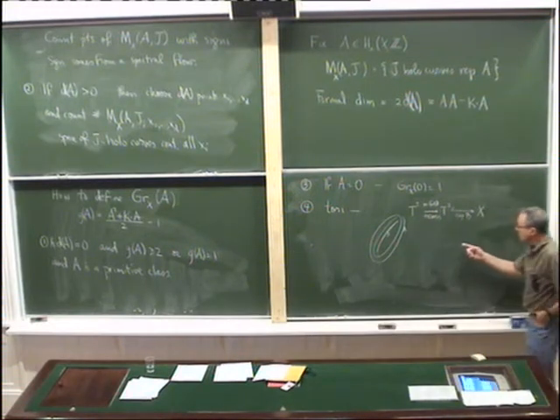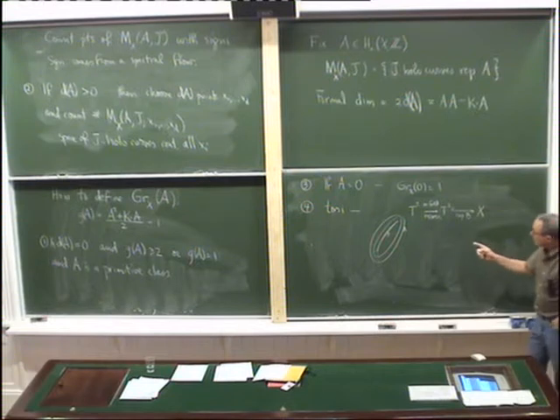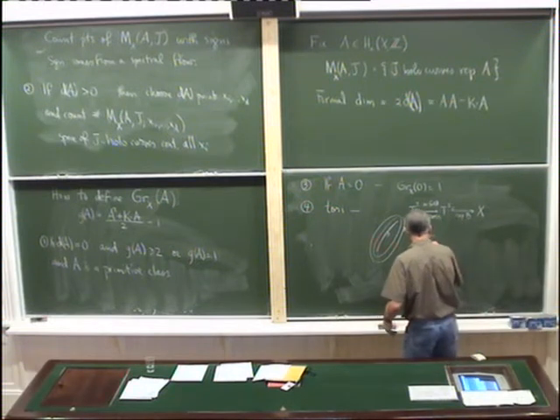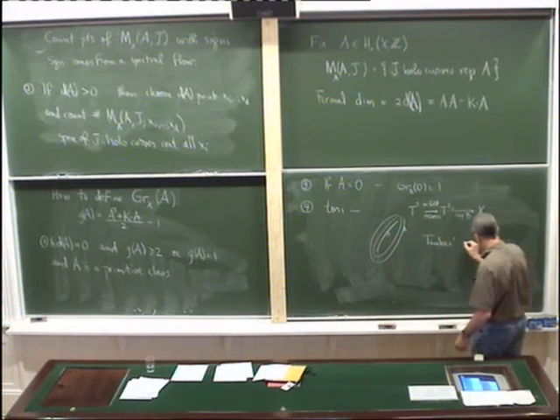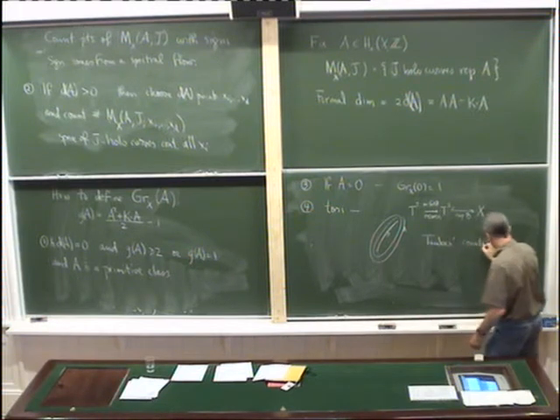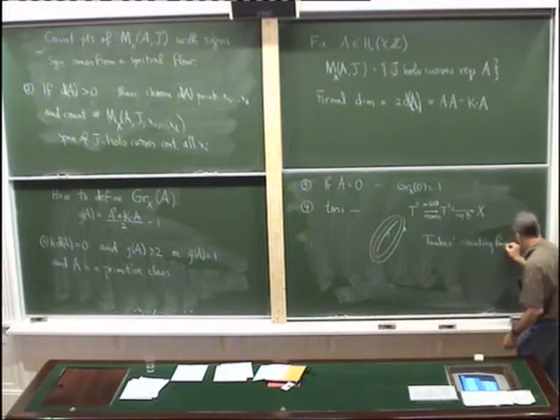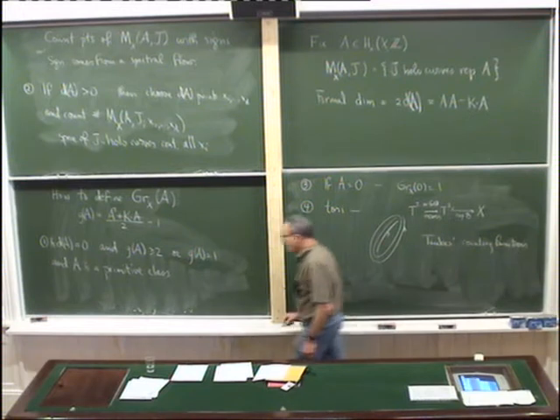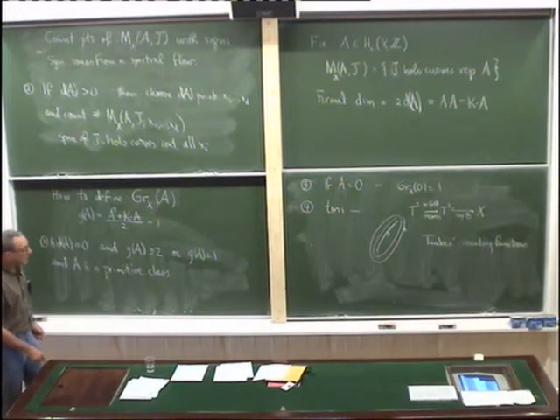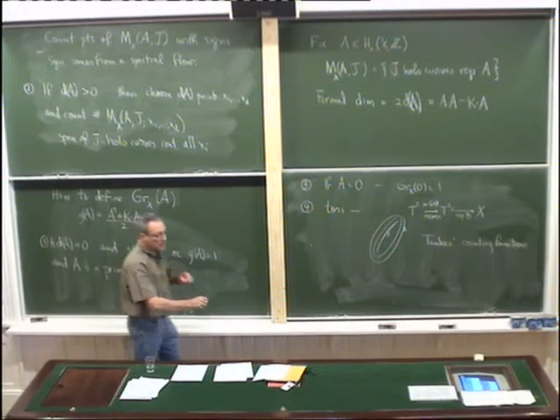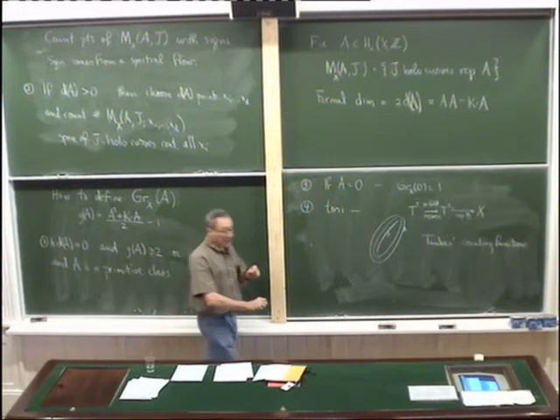So Taubes has completely worked this out. And so there are these functions, Taubes counting functions. You might guess that such calculations might be super complicated, but in fact it turns out the answer is quite simple and elegant.